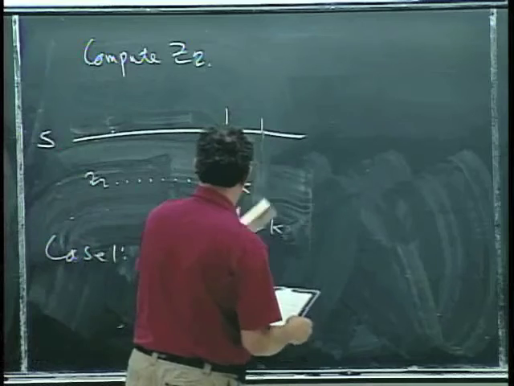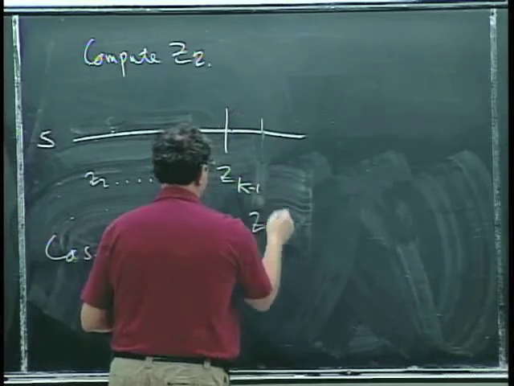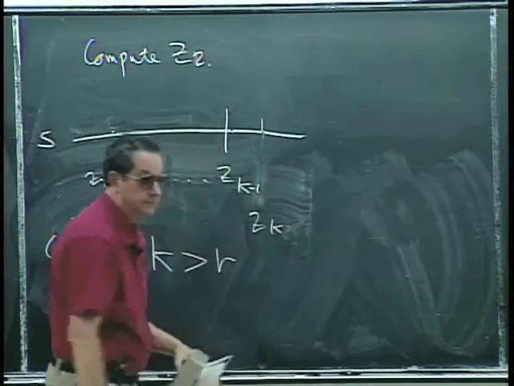So we've computed Zk minus 1, and we're trying to compute Zk, right?